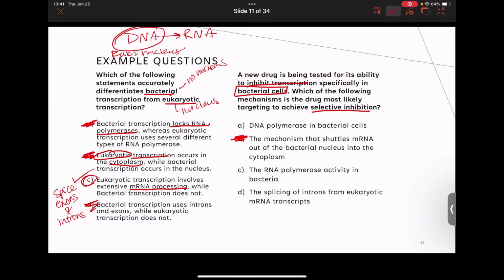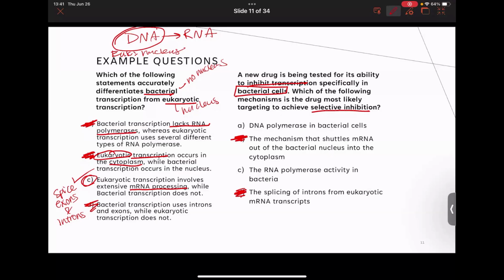The RNA polymerase activity in bacteria, or the splicing of introns from eukaryotic mRNA transcripts. Well, if it's a thing that inhibits bacterial cells, it's probably not D, because they don't have introns and stuff. So it's not going to be that one.